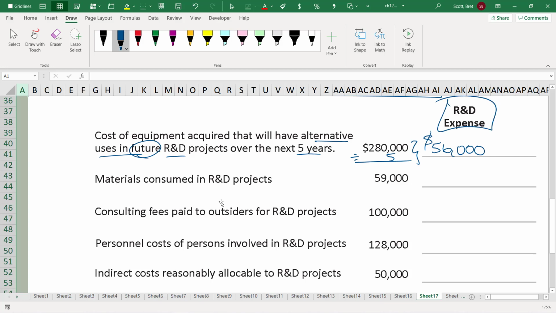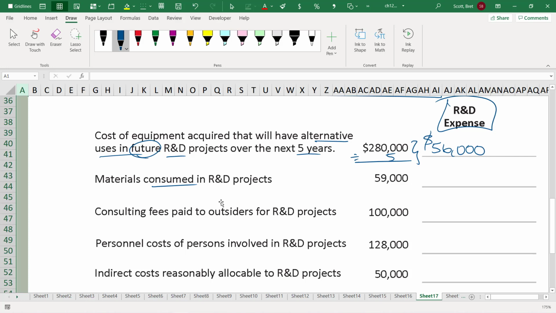So R&D expense can contain depreciation. R&D expense can contain salaries and wage expense. R&D can include a lot of expenses that ordinarily are just itemized separately. Okay, but the difference here is that the equipment is not used to generate money for the business. The equipment is used to help discover something. So in that case, we simply say it's not depreciation expense, it's just R&D expense.